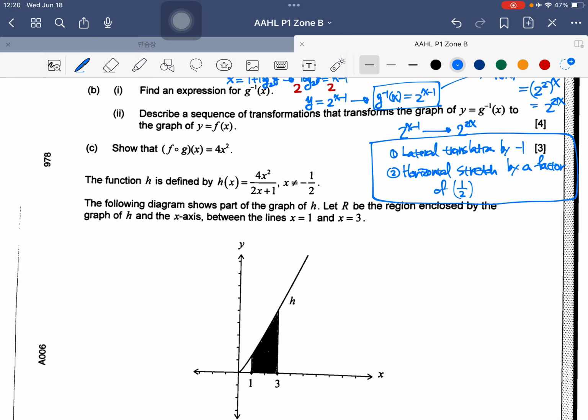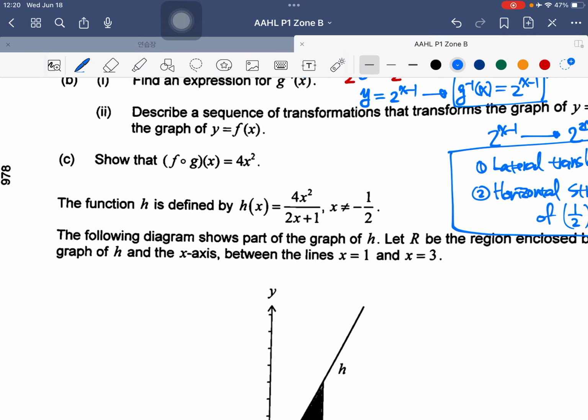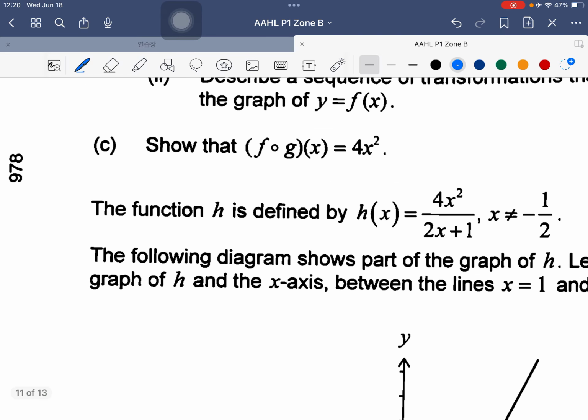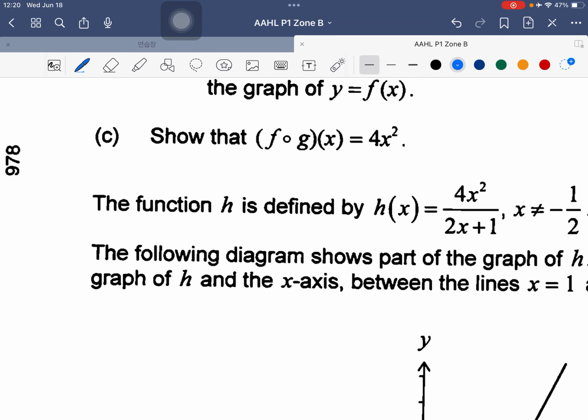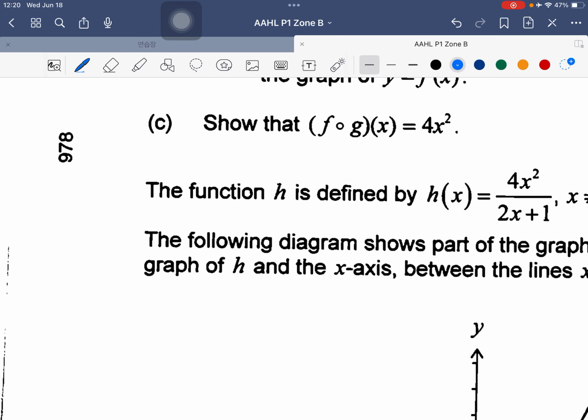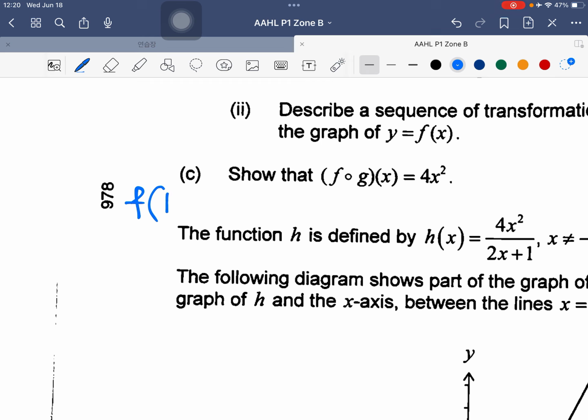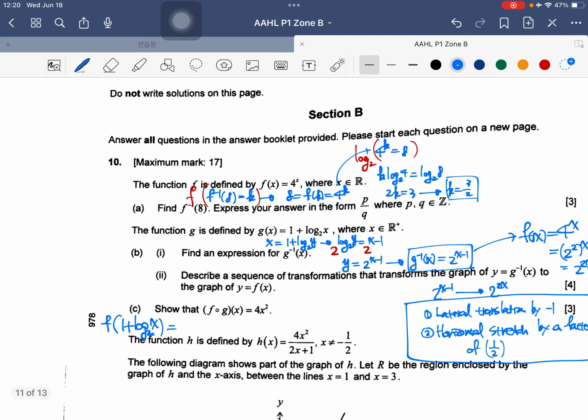Okay. Part C, show that f of g of x is 4 times x squared. So f of g of x, where g of x is 1 plus log base 2 of x, equals f of that, and f is 4 to the x power.